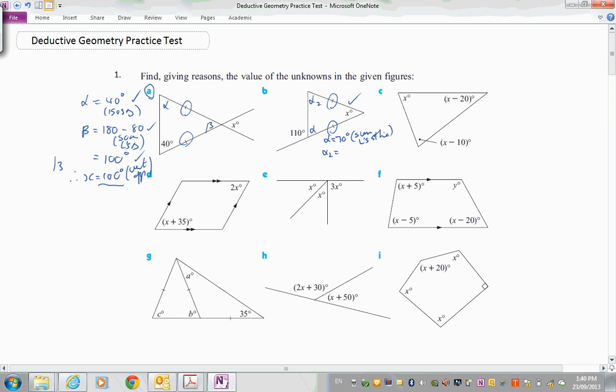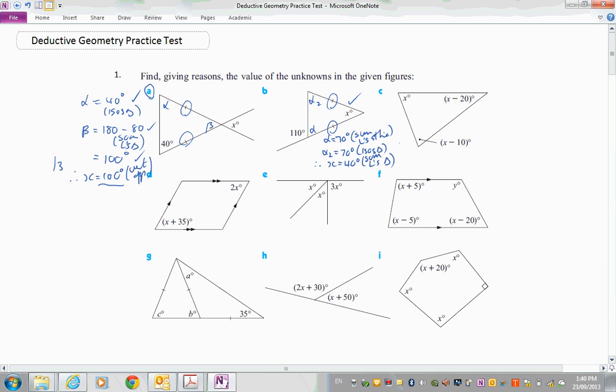Alpha 2 is 70 degrees, isosceles triangle. Therefore x is 40 degrees, isn't it? Yep, sum angles of a triangle. Now you'll set your work out a bit broader than that, bigger spacing. I haven't got much room here. So you get the idea.